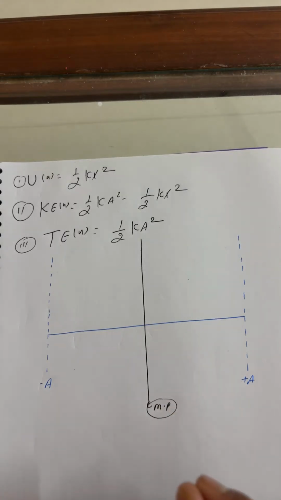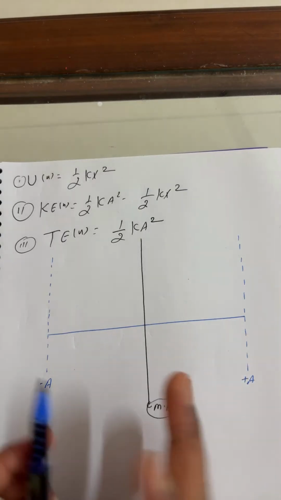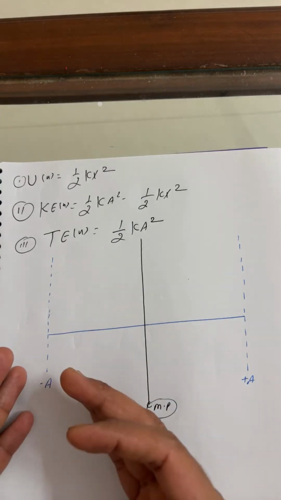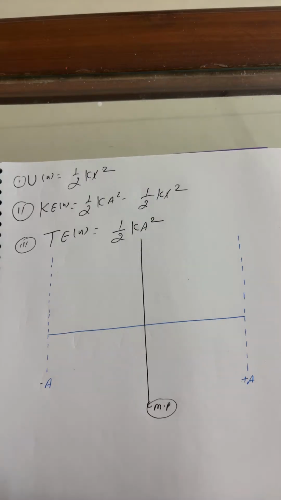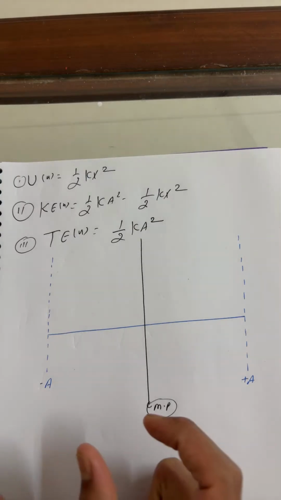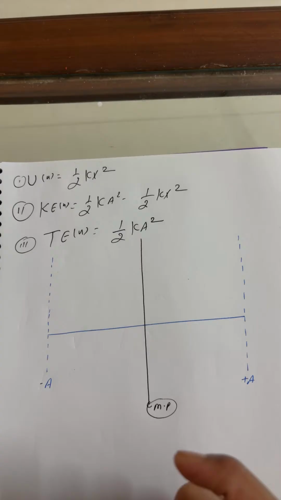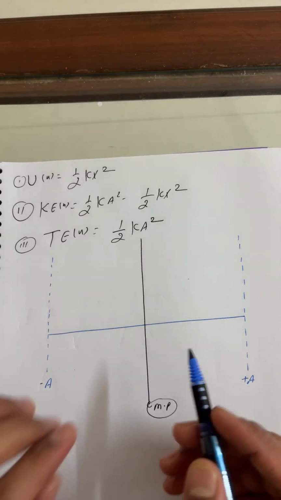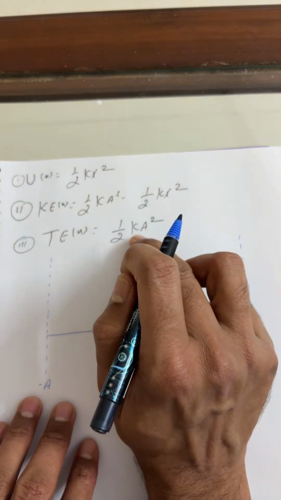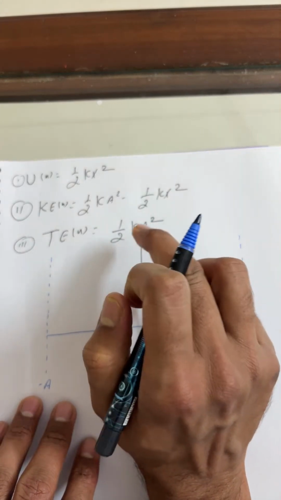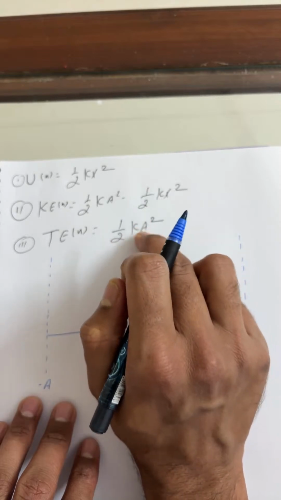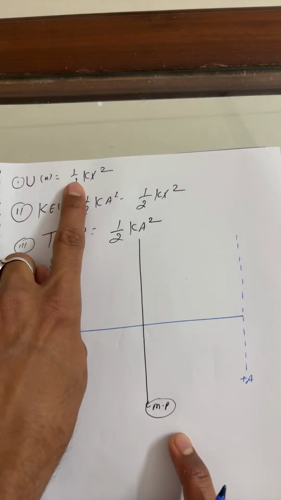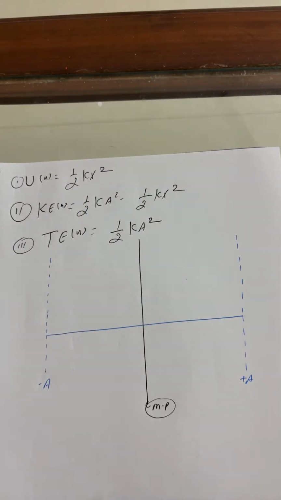This is the point you should keep in mind: if you want to plot a graph like y equals x square, you have to compare which variable has the lesser degree, and the mouth opens towards it. Here, kinetic energy, potential energy and total energy are all on the vertical axis, so this graph's mouth opens towards the potential energy axis.